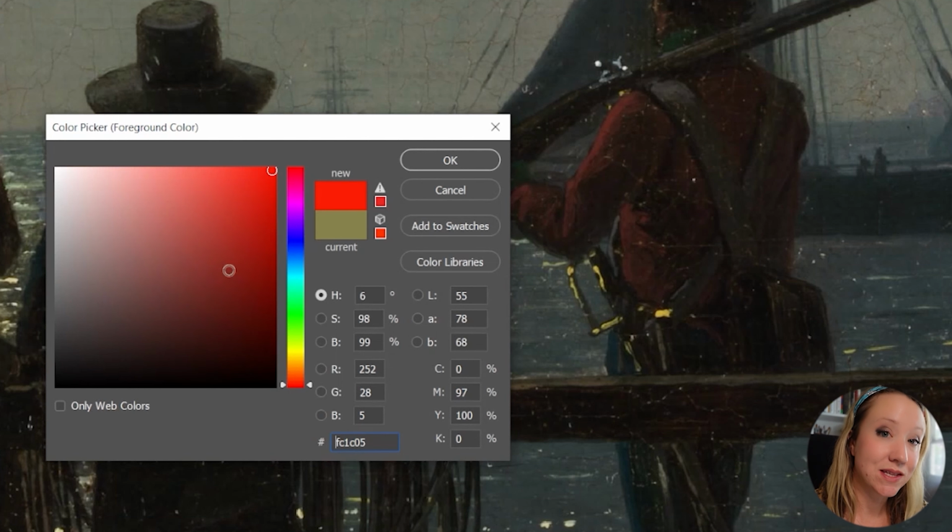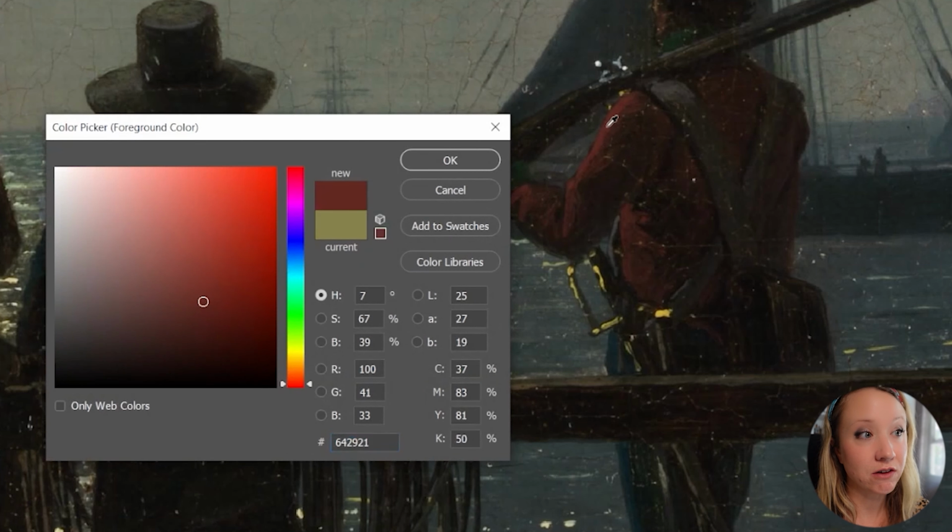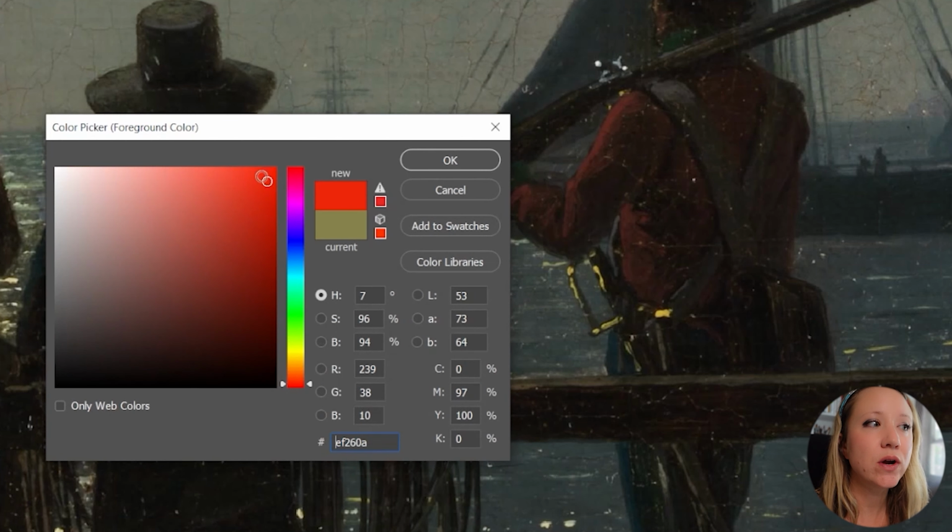But what this does do is let us know that this jacket really was a desaturated version of a brighter color. If we were trying to match this color instead of the one that we see in this painting, that means we'd have much more options to use this color as well in the rest of the piece.